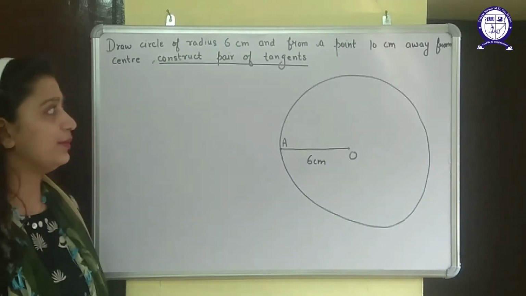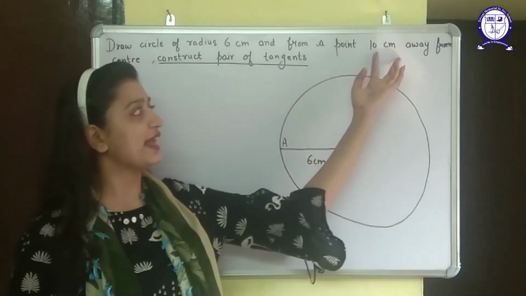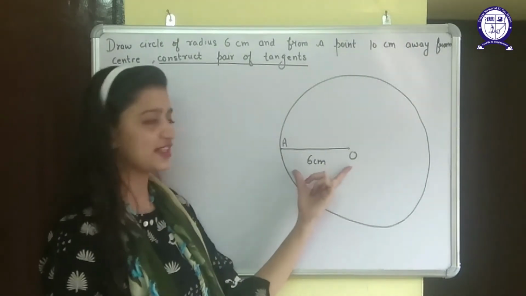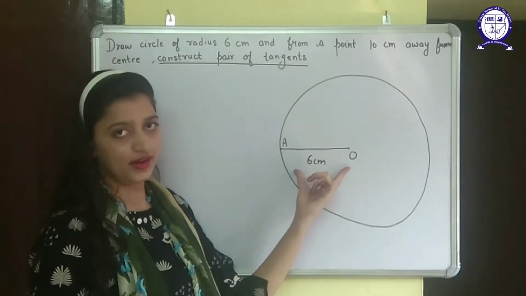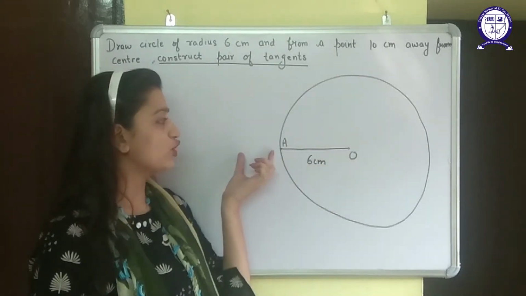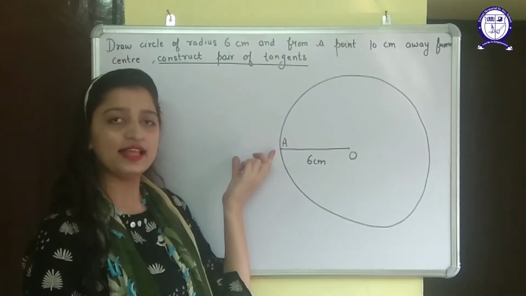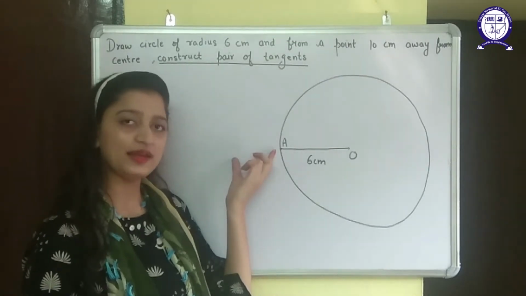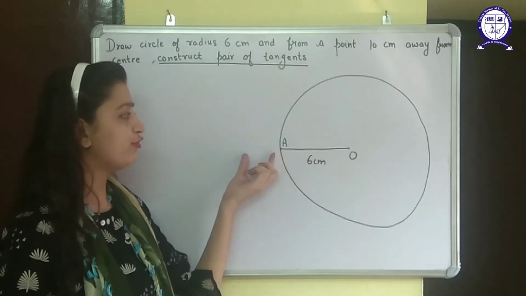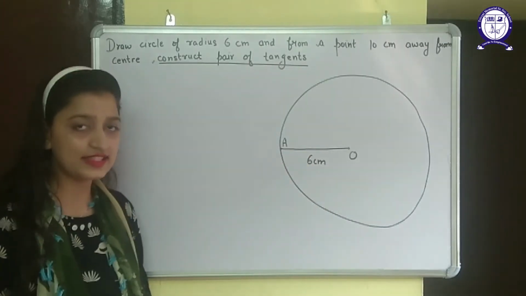Now step 2 will be, I need to take a point 10 cm away from the center. So now you can see that this is 6 cm already, right? And I need to take a point 10 cm away. So if I add 4 cm more to it, then I will get a point 10 cm away. This is my 6, and if I add 4 to it, I will get 10 centimeters.